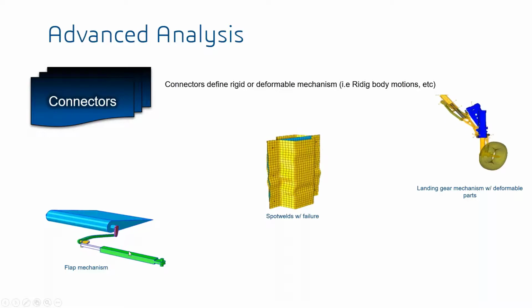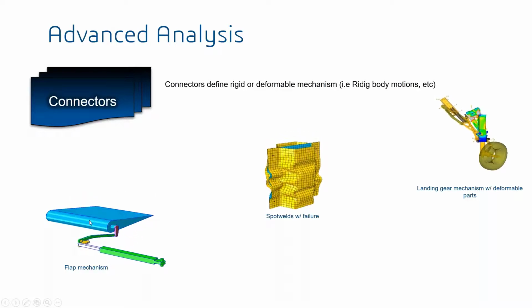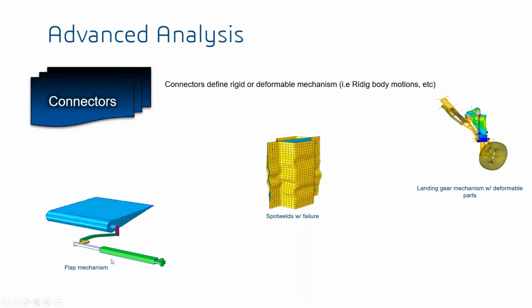Connector elements also have readily available pre-compiled connections like hinges or translators, which can be used to activate or drive a mechanism, all with the purpose of providing realistic simulation in the real environment for the products.